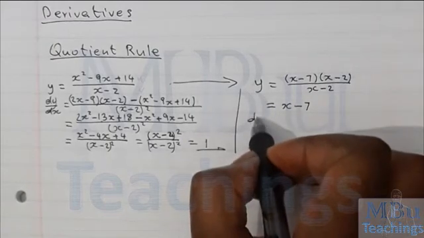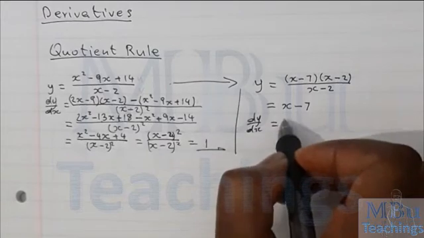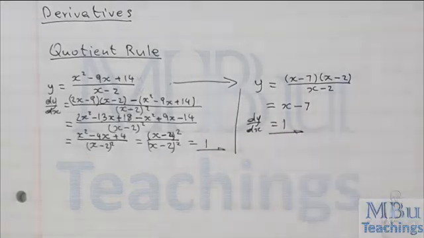And then we want the derivative of x minus 7, which is 1. So, can you see they are exactly the same? Exactly the same. So that means the quotient rule is the acceptable rule. It can be used on any problem, and it will give you the same answer you can get from any other derivation method.